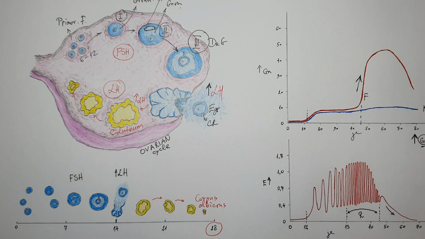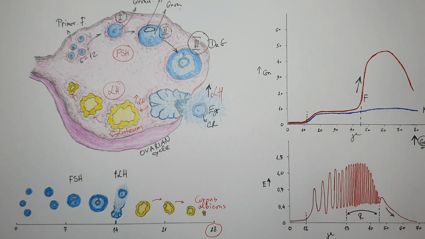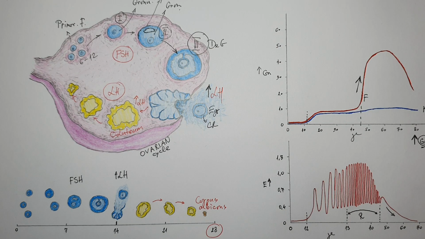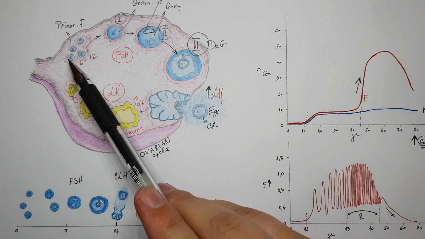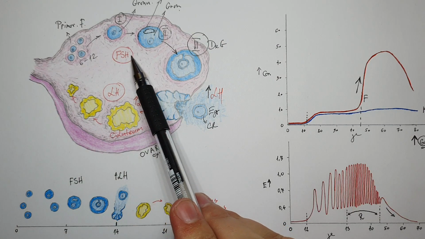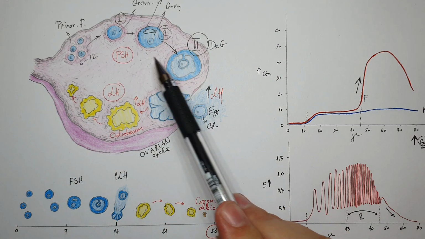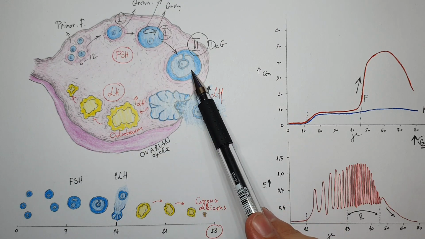In the next part, we will see in detail the hormones. So in detail, the follicle stimulating hormone, the luteinizing hormone, progesterone, and estrogen, their possibilities. So the one quick repetition. The follicles under the follicle stimulating hormone are starting to develop, producing high amounts of estrogen, the granulosa cells.